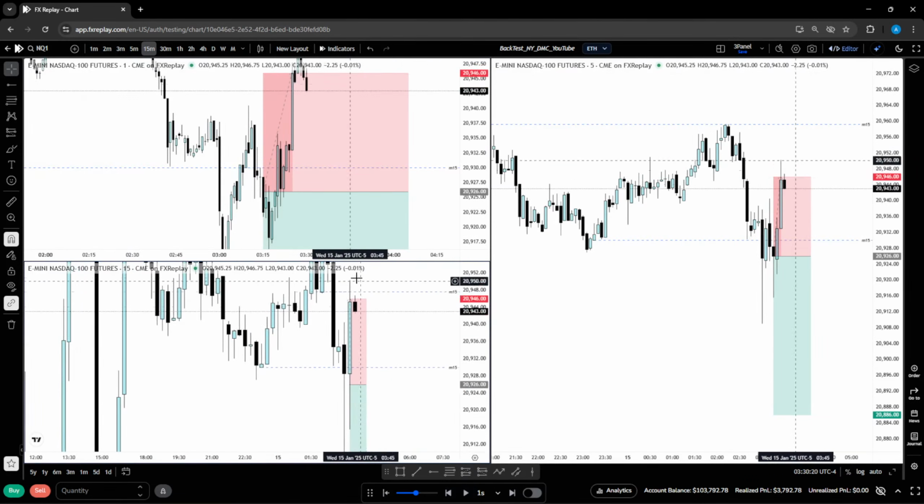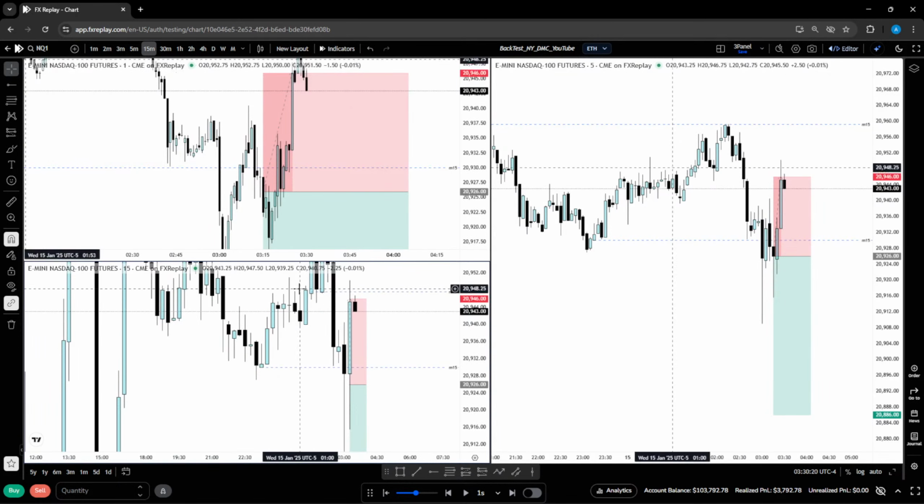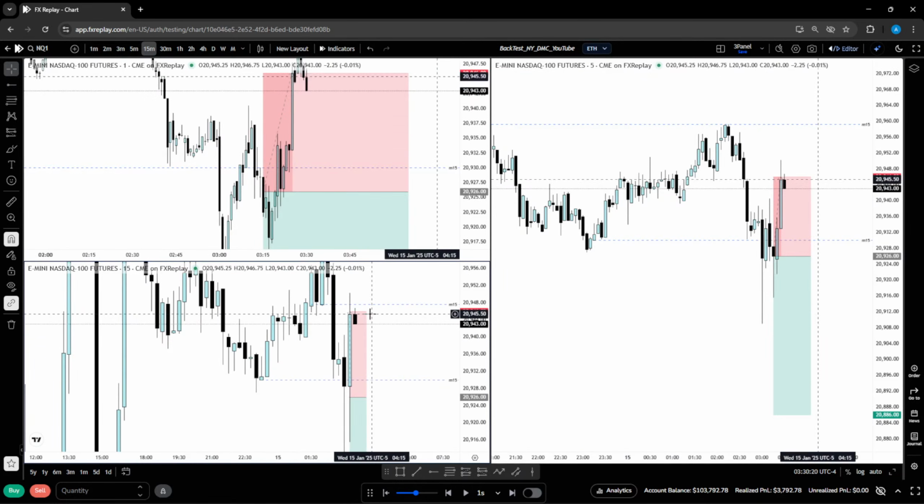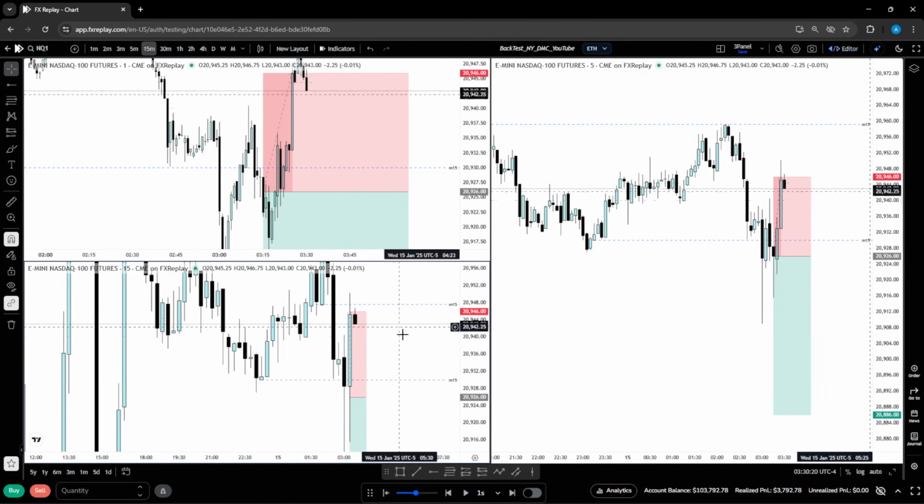So now this candle did not close, we did not gain that level, 15 minutes, but it didn't even gain this level yet.